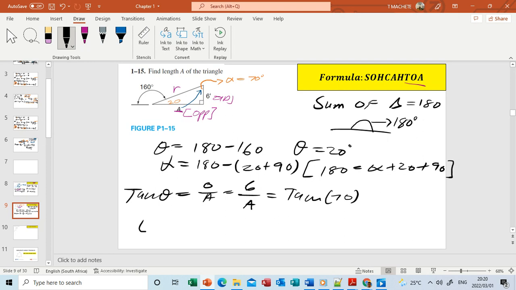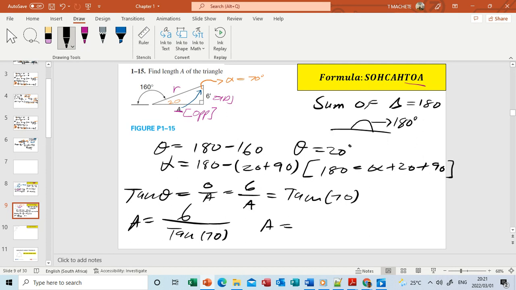So you make A the subject of the formula. Your A is going to be equal to 6 over tan 70. Then you can just punch it on the calculator. There's nothing difficult there.